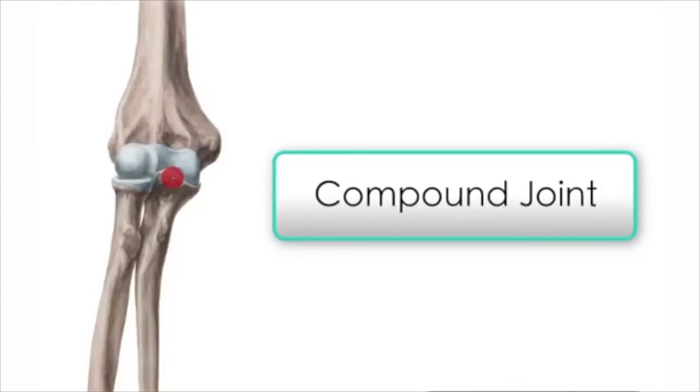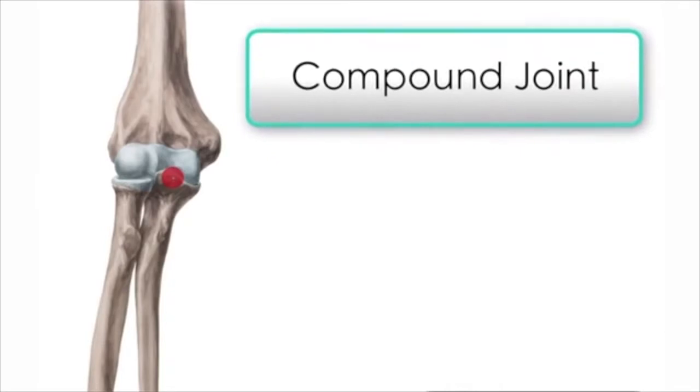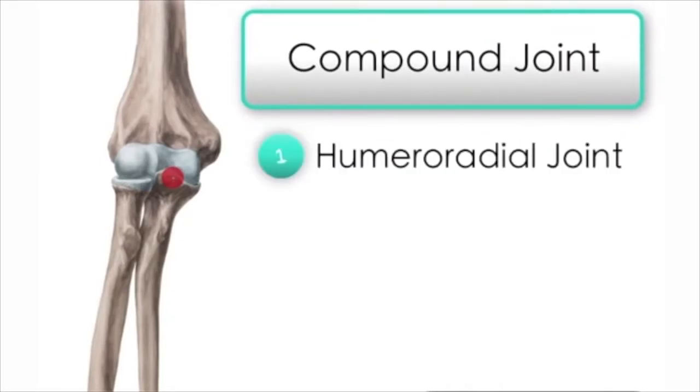And the sub-joints that are in the elbow joint are the humeroradial joint. And as the name indicates, this is the joint occurring between the humerus, more specifically the capitulum of the humerus, and the head of the radius.